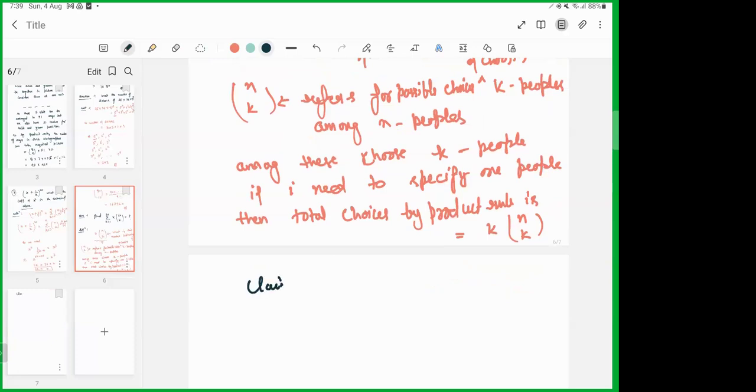So let me write this claim. K into N choose K is the same as N into N minus 1 choose K minus 1. Can you justify this? I gave you enough idea how to approach.